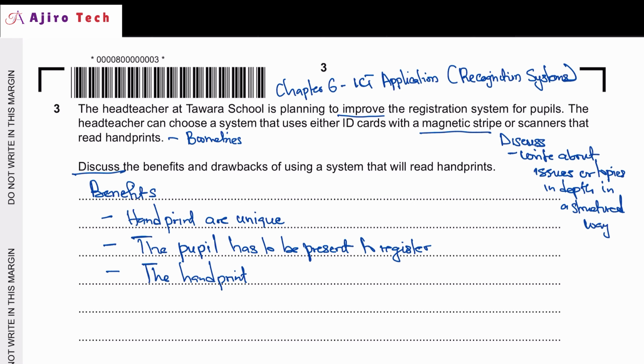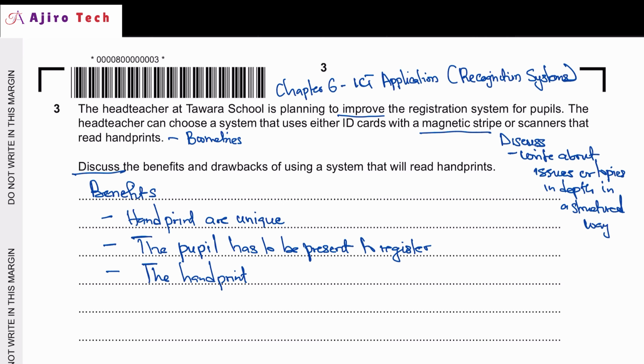They said discuss the benefit and drawbacks of using a system that would read handprint. And I said you will see this in chapter 6, ICT applications, recognition systems. But you can also see it structured in depth in chapter 8 under safety and security, when we are talking about the security of data.